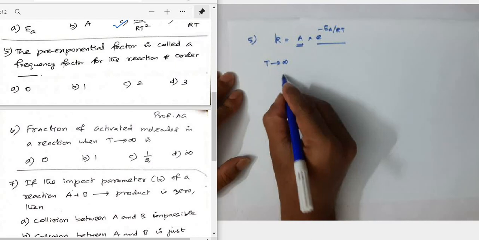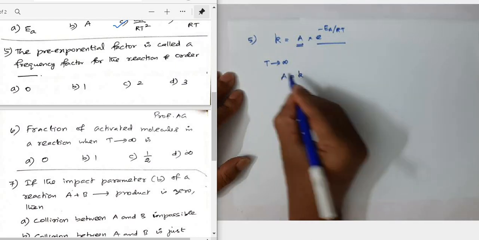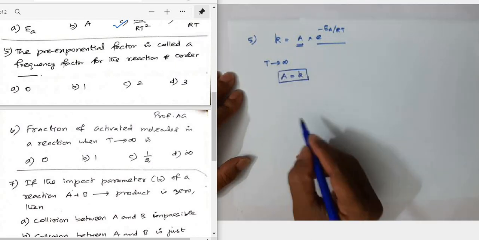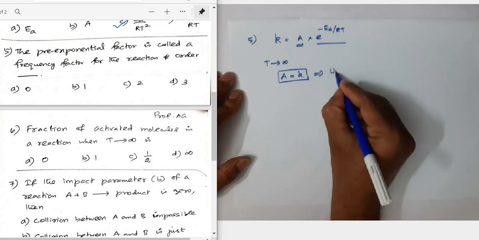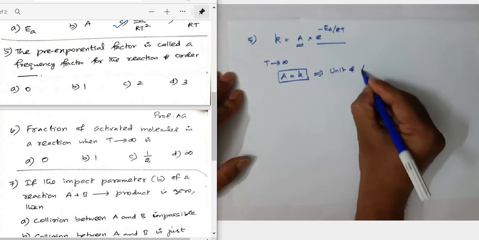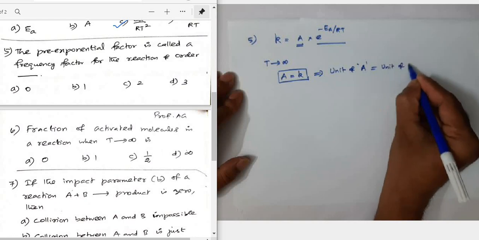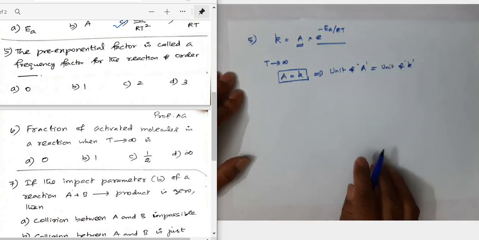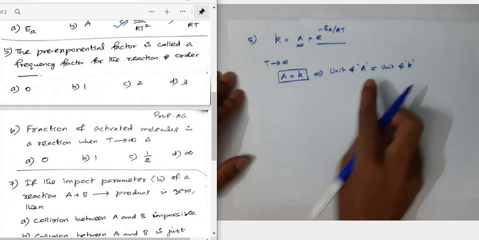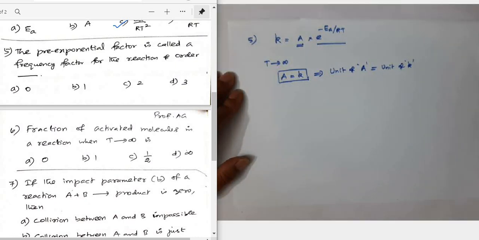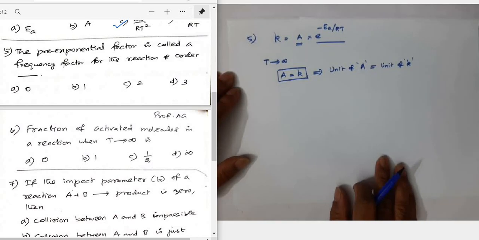Therefore A should be equal to K. So what does this indicate? It indicates that the unit of pre-exponential factor A should be equal to the unit of rate constant K. The unit of pre-exponential factor and the unit of rate constant are actually the same.